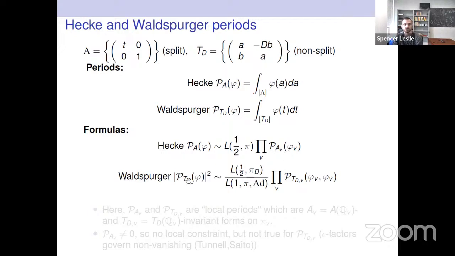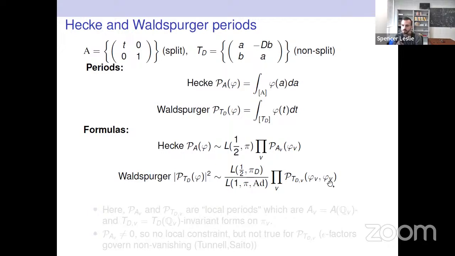And similarly, Walsh-Bourget's period, well, Walsh-Bourget didn't just have the period, he had this absolute value squared. And so that is equal to this, now it's going to be a ratio of L functions. So here, these are supposed to represent the two L functions that we saw previously, the standard L function and the standard L function for the base change. And now we have this new factor, the automorphic L function associated to the adjoint representation. So that's what naturally comes out when appropriately formulated.